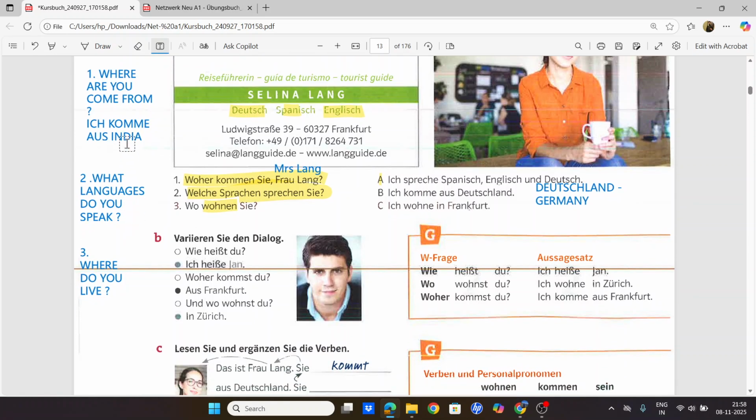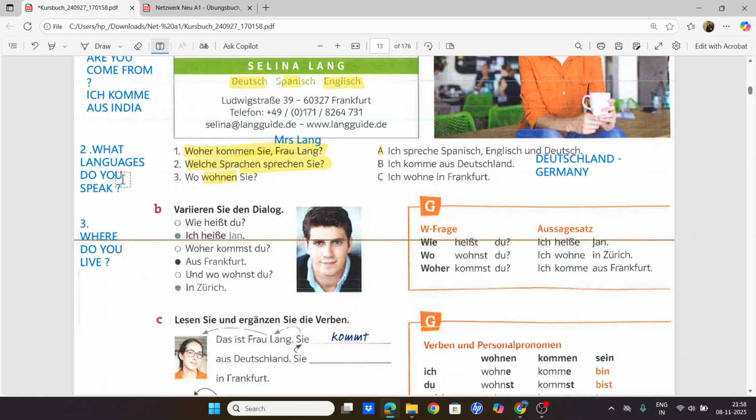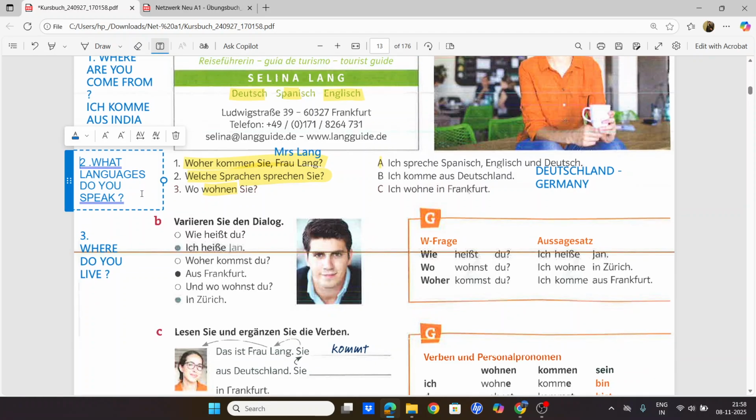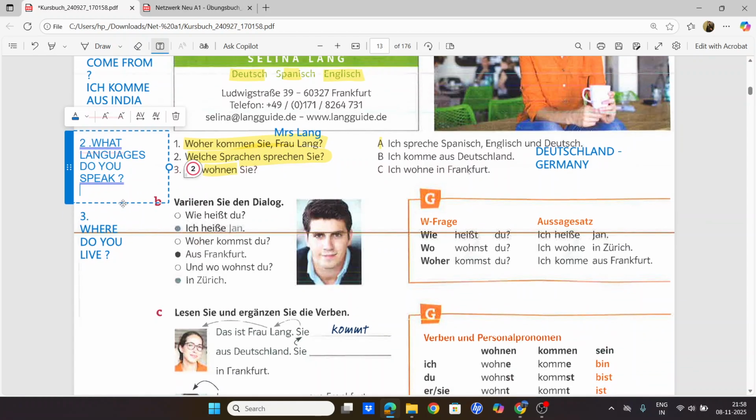This is the right answer. And the second question we have is: what languages do you speak? I'm going to answer this in German. Remember that this is written in English, but you always need to answer in German. Why? Because if I explain everything in English, you are not going to learn German.